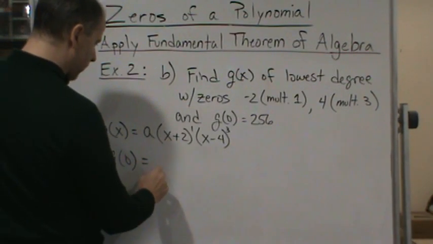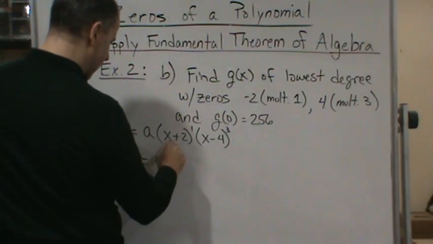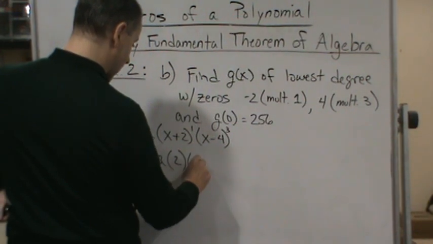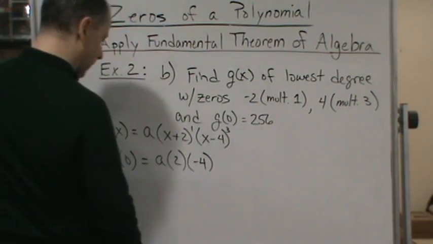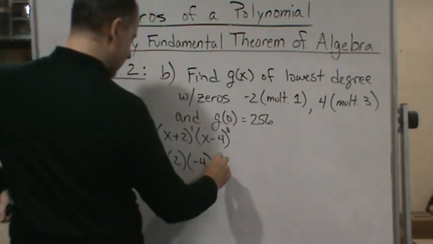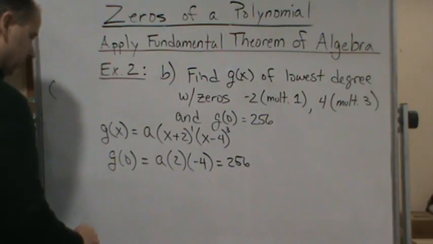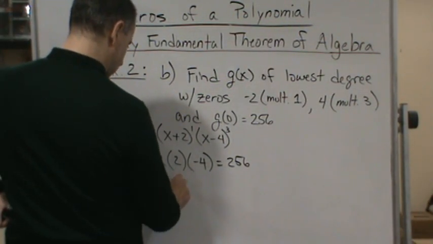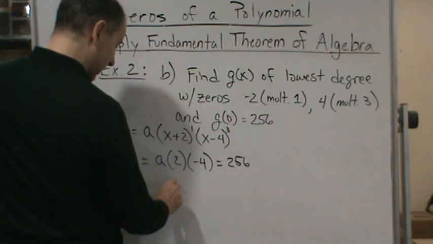G of 0 is going to give me a times 2 times -4. And we want this to equal 256. Well, then all I'm doing is dividing both sides by -8.